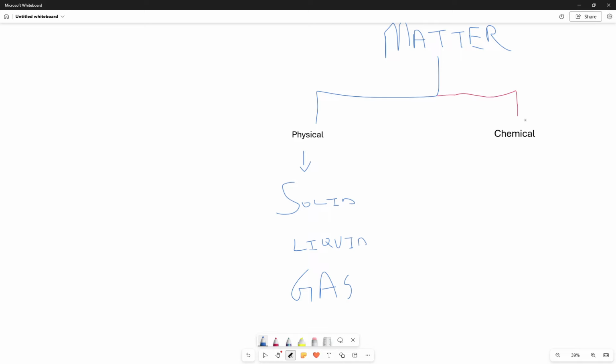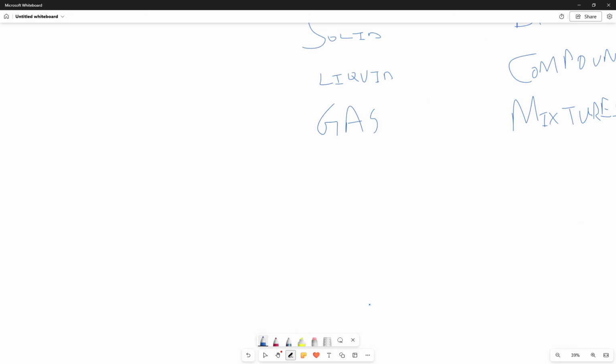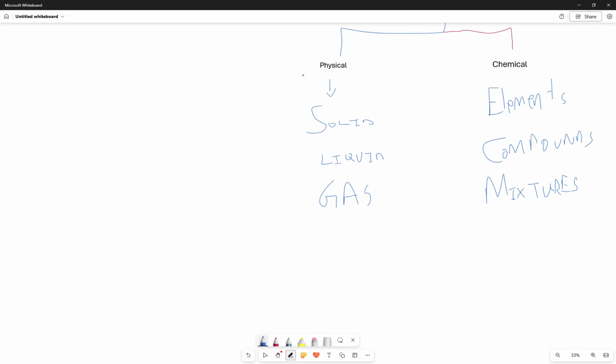Okay, chemical are elements, compounds, and mixtures. Okay, now we'll first focus on the physical classification of matter.